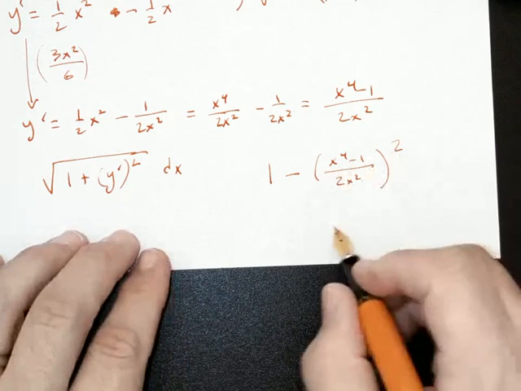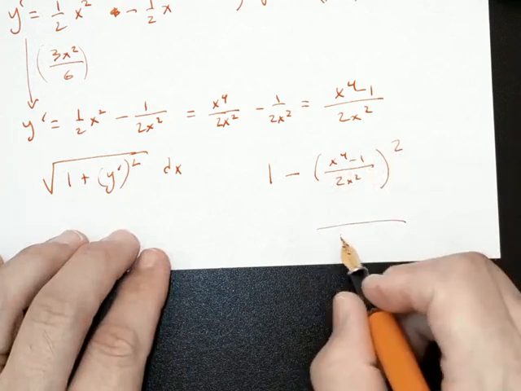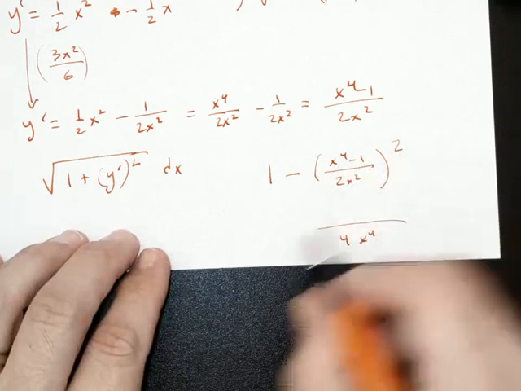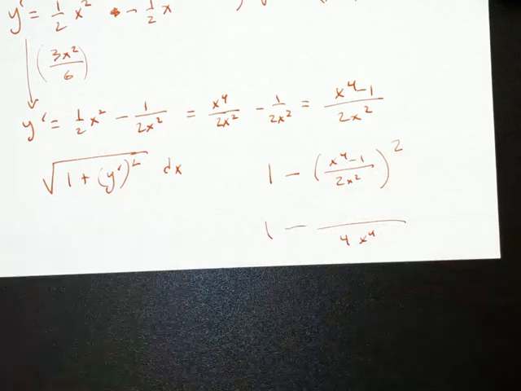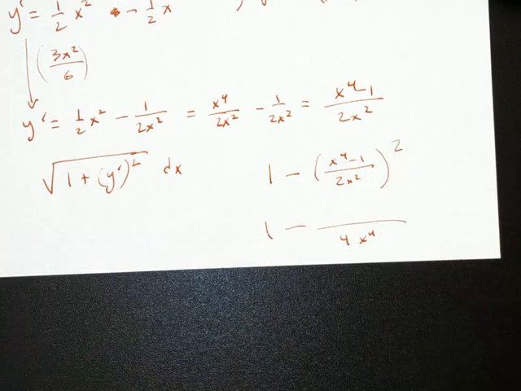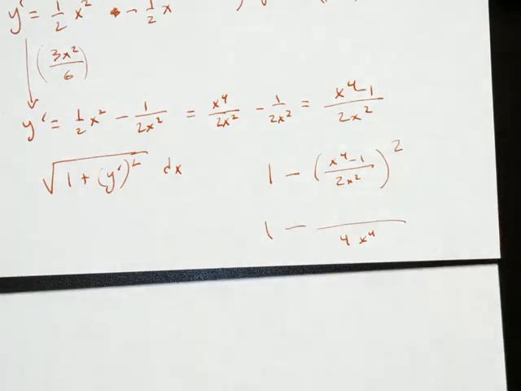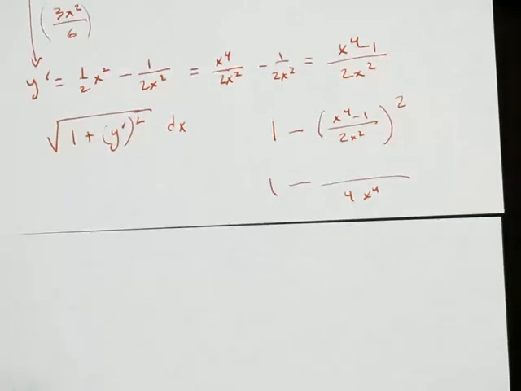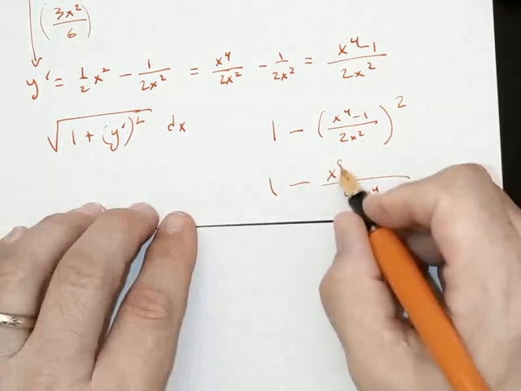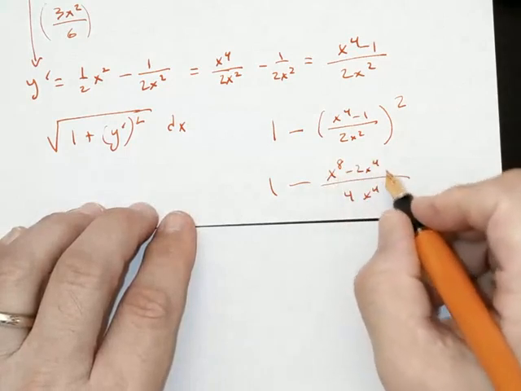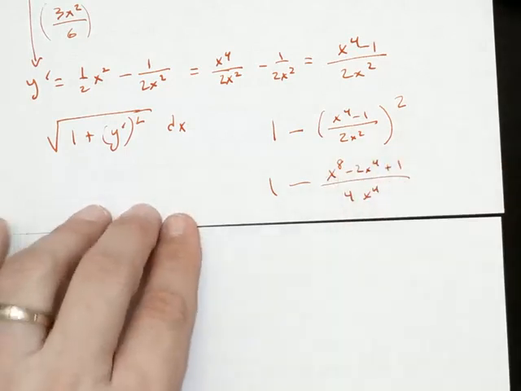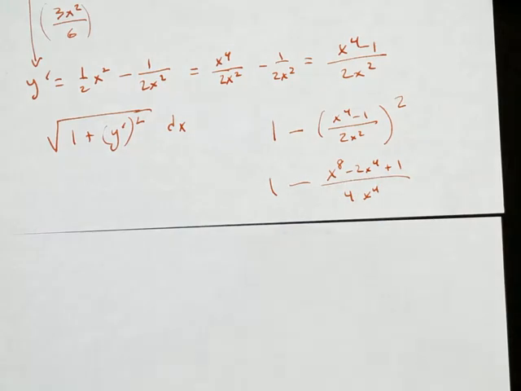So when I square this, the bottom becomes 4x to the 4th. What do I get on top? Beautiful. I'm adding, I need a common denominator.